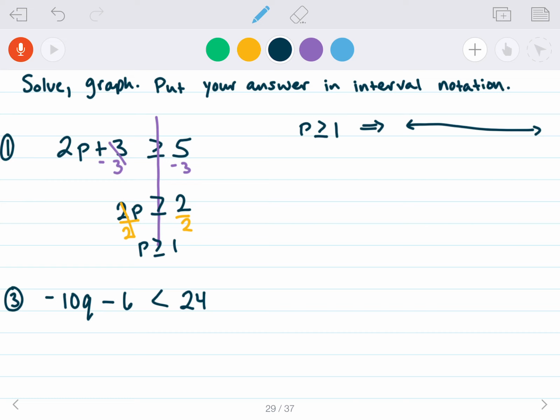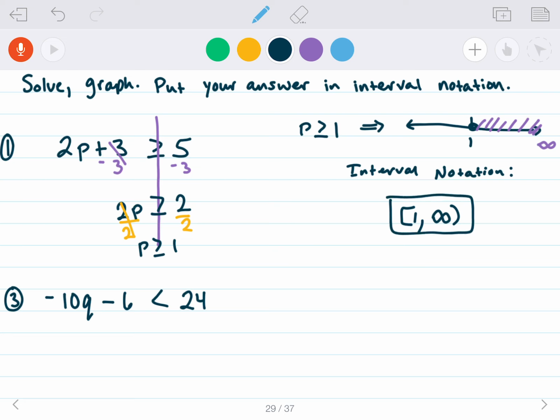So we can put it on a number line, and I'll say 1 is right here. It's going to get a closed dot, and it's going to be everything to the right of 1. And we're going off to infinity. So in interval notation, what this looks like: we start at 1, and 1 gets a bracket because it's included, and we go off to positive infinity, and infinity never gets included.